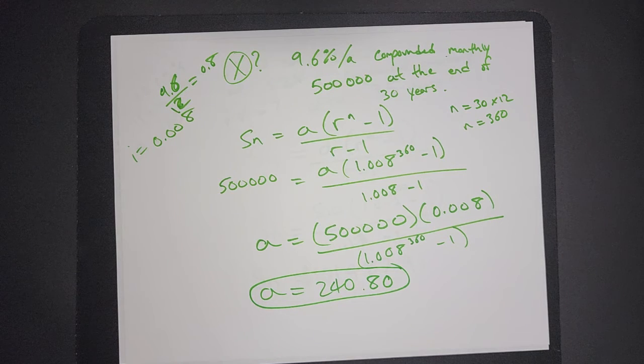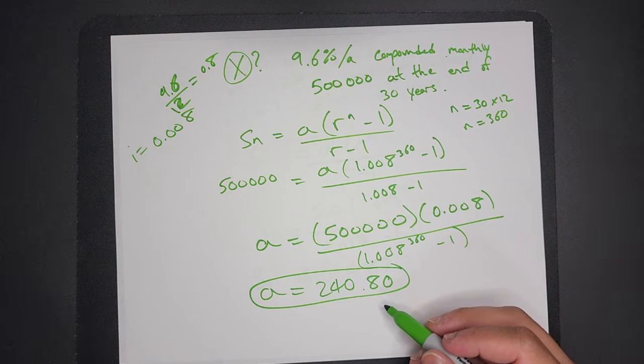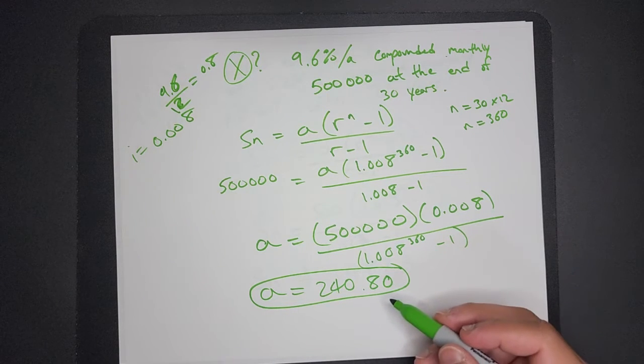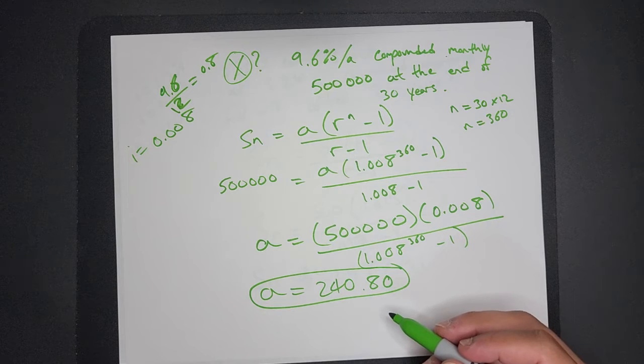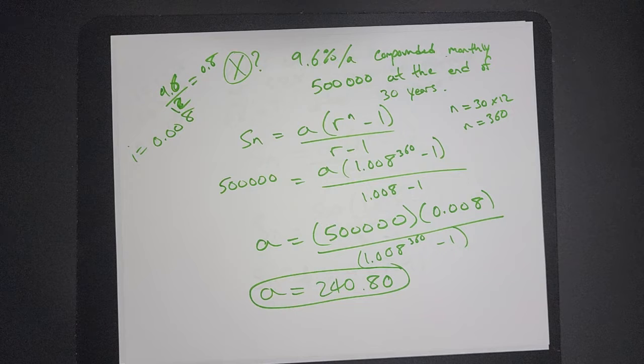There you go. $240.80, not 240,000. Can't believe I said that. Okay, put in $240.80 into an account every month and you'll have $500K at the end of 30 years.